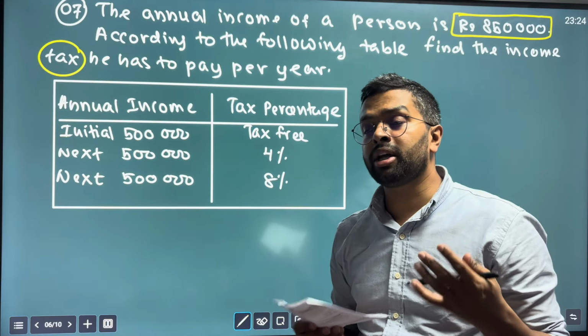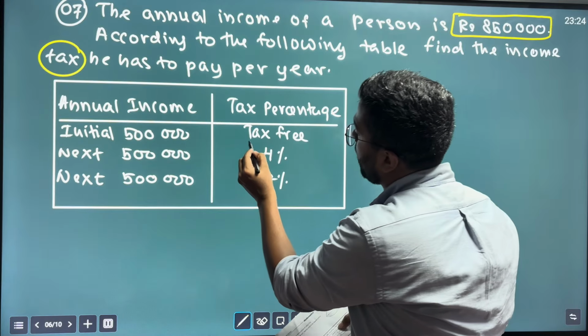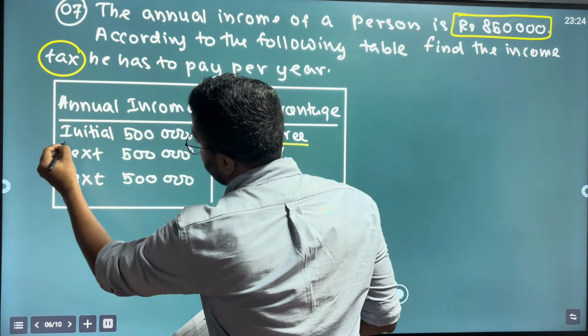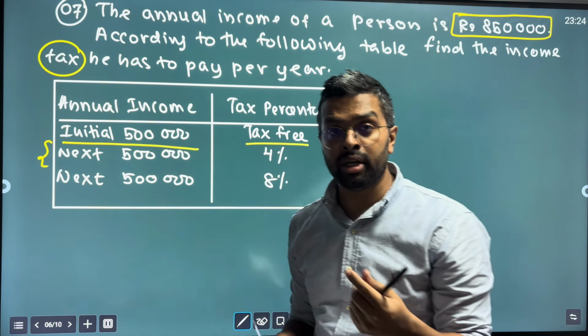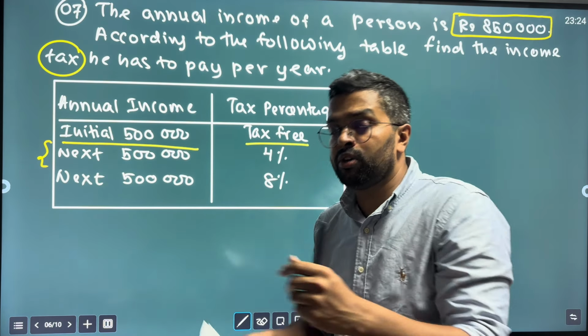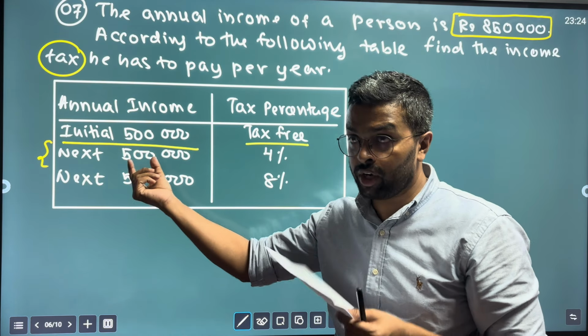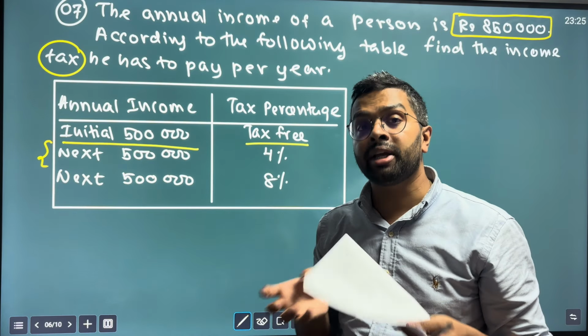If your annual income is up to 500,000 rupees for a year, you don't have to pay any tax. Now, if you are earning more than 500,000 rupees for a year, for the next 500,000 rupees, the second 500,000 rupees you are earning for a year, that is a taxable income. You have to pay income tax for that.